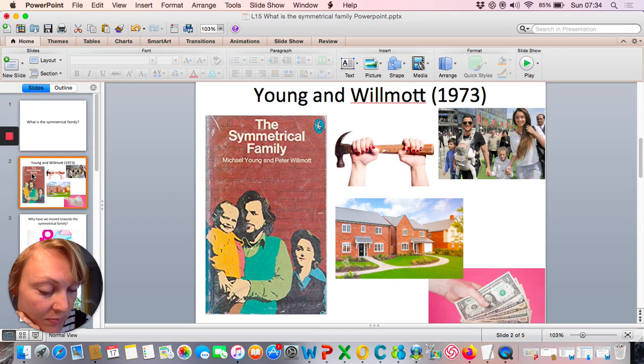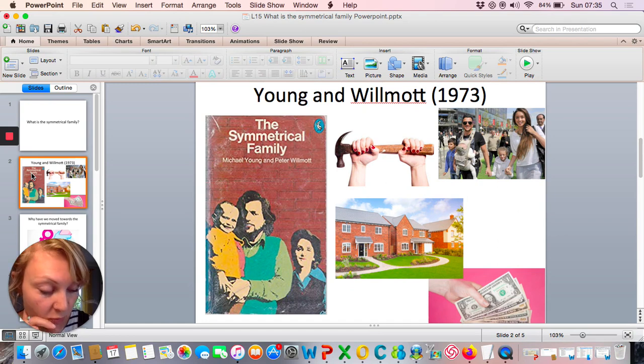Now, we've looked in previous lessons at perhaps more traditional roles of men and women within the household, when we talked about segregated conjugal roles. We've talked about the expressive roles that are perhaps more female dominated.